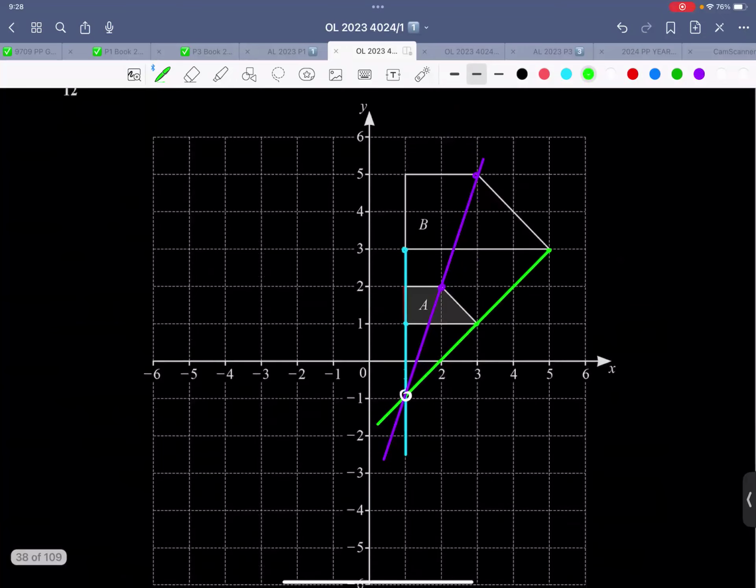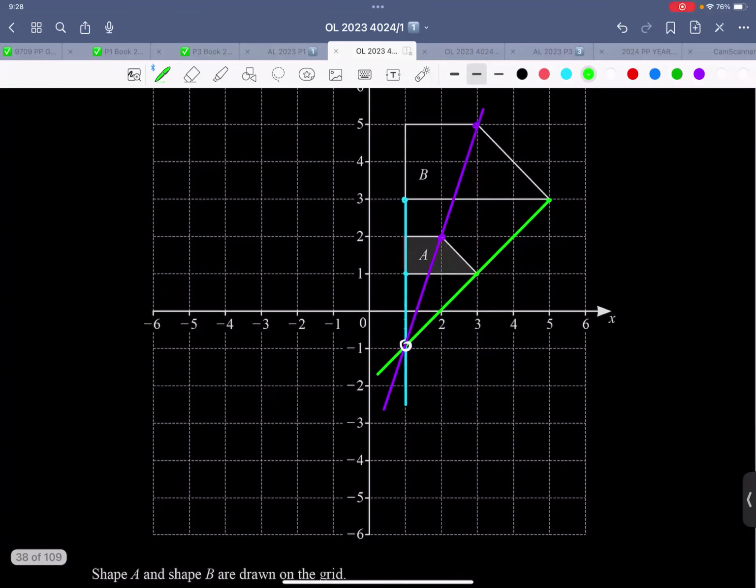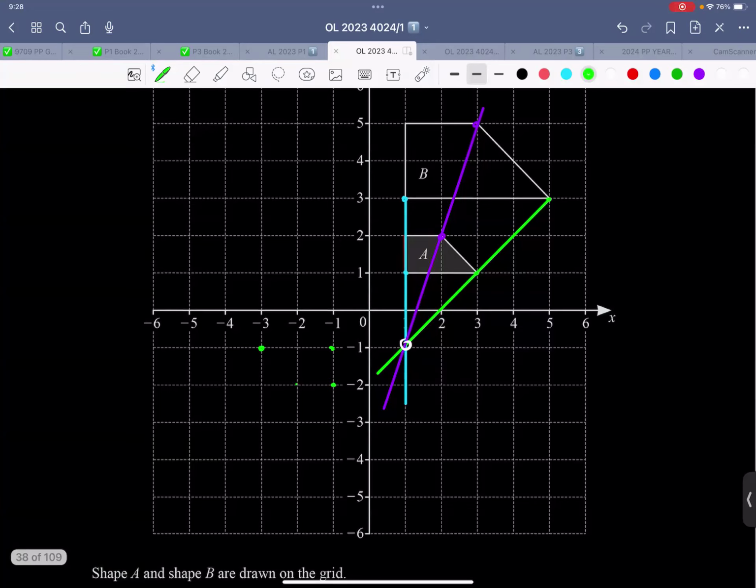So if I look at this figure, (1, 1) will become (-1, -1). And then we have (3, 1), that is becoming (-3, -1). And then if we have (1, 2), that is becoming (-1, -2). And if we have (2, 2), that is (-2, -2).